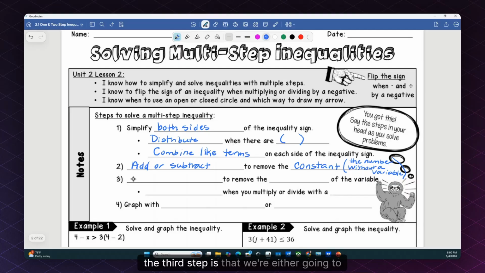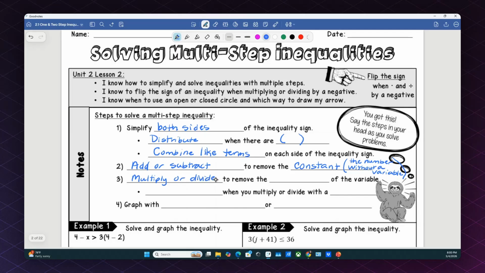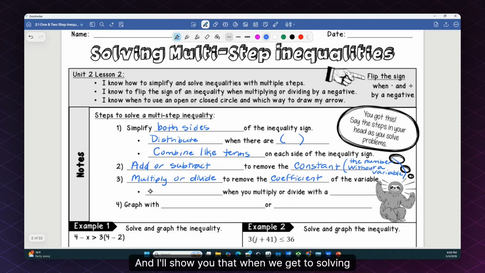The third step is that we're either going to multiply or divide to remove the coefficient of the variable. And so again, we're choosing the opposite function to undo that portion, and I'll show you that when we get to solving problems.